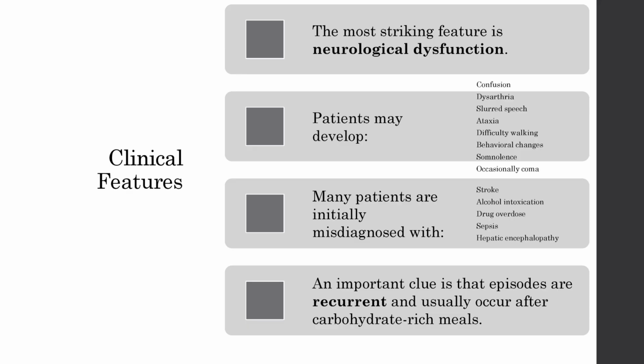Many patients are initially misdiagnosed with stroke, alcohol intoxication, drug overdose, sepsis, or hepatic encephalopathy. An important clue is that these episodes are recurrent and usually occur after carbohydrate-rich meals.